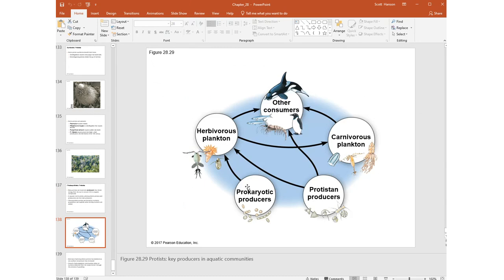And these herbivorous plankton will also serve as food for other consumers and also for carnivorous plankton, which can serve as food for other consumers from a lot of different groups, whether it's fish or whales or shrimp or krill or penguins and other seagoing birds. So many different groups.